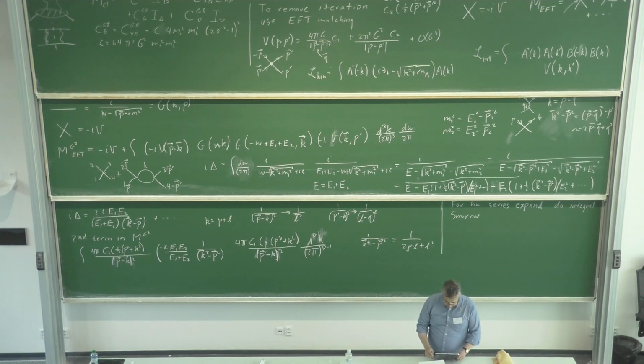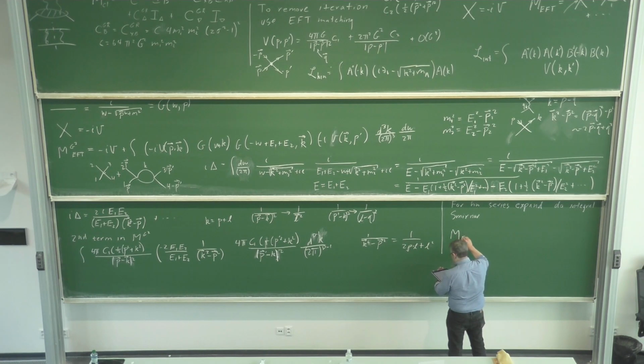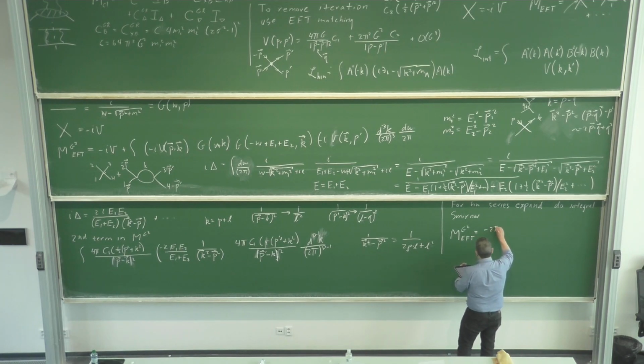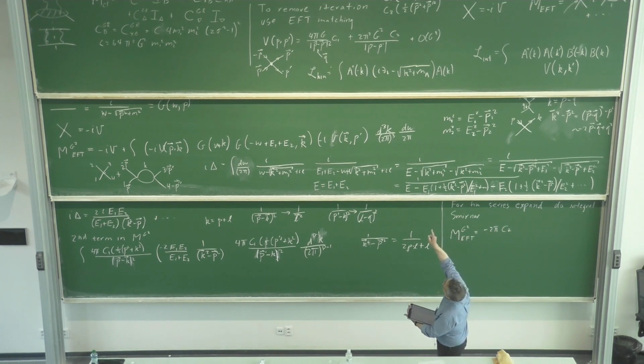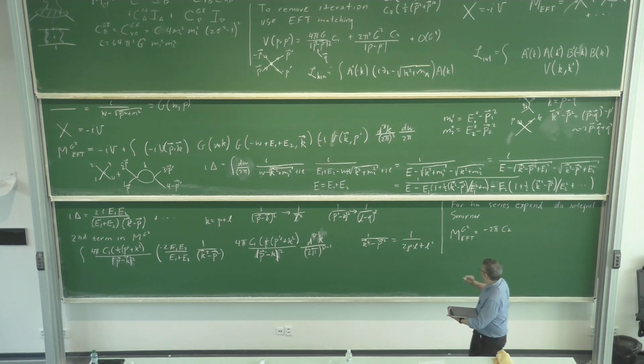Essentially they're like bubble integrals that you have to do. And if you do that, you'll find that in the effective field theory the answer looks like this: minus 2 pi squared C2. C2 is the coefficient in the potential that we haven't figured out. So this is what we want.